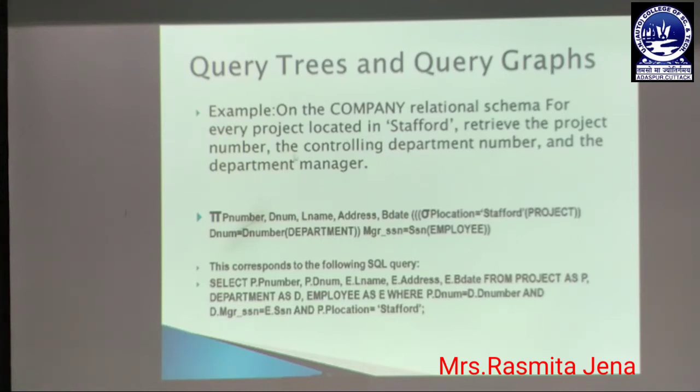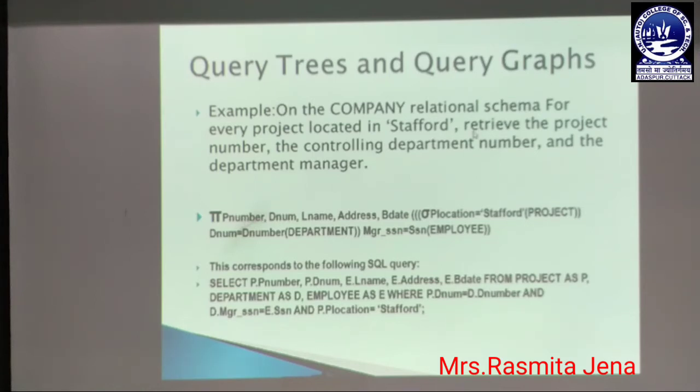Let's discuss this query; then we will form the relational expression, and after that we will form the SQL statement for that query. We have to retrieve the project number, controlling department number and the department manager information. Let's say we want to retrieve the manager's last name, address and birth date. So by performing a project operation, we will retrieve the project number and department number.